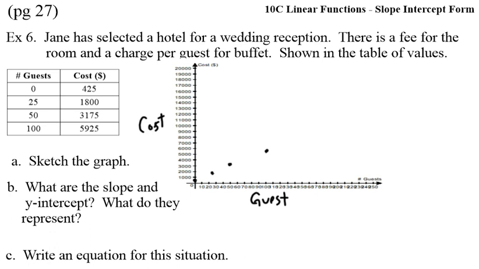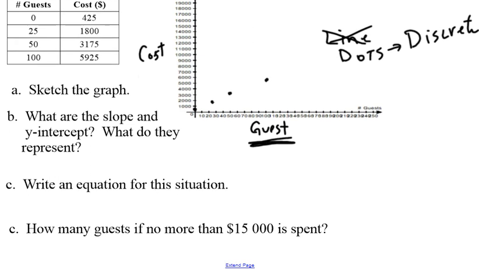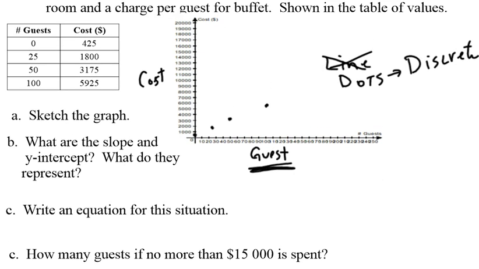Now we've missed some data in there. It's not consistent, but we can see it's a straight line, but I don't want to graph with a line. I need dots because this is discrete data. Because guests, you only have whole guests coming. You don't have part of a guest. What are the slope and y-intercept?